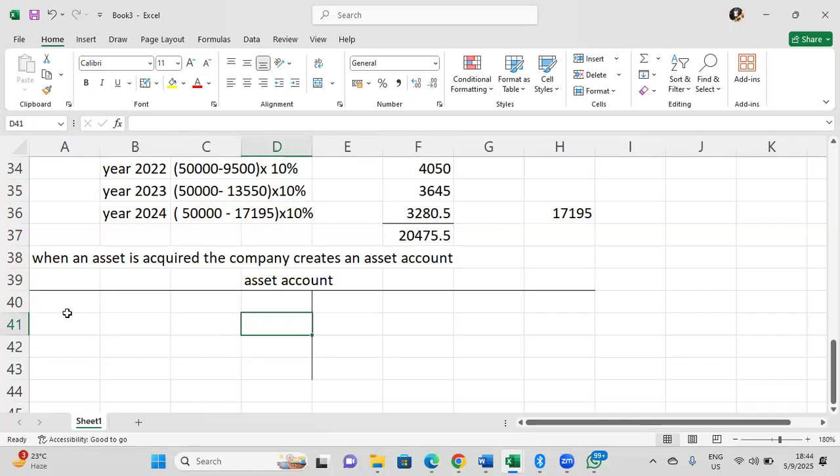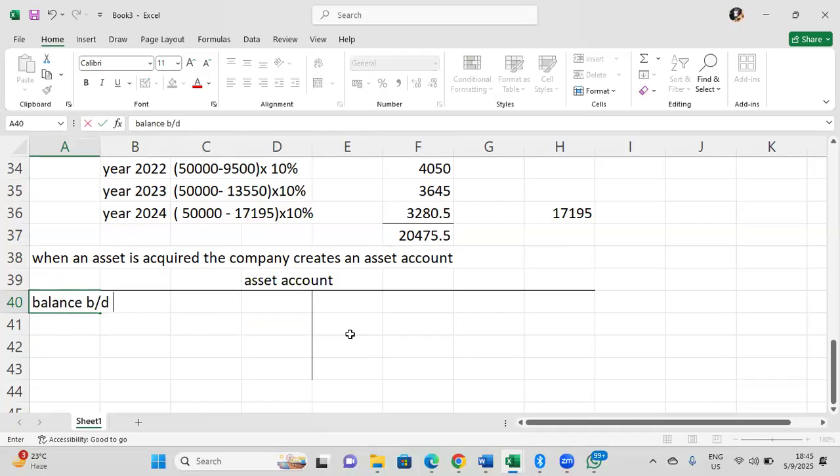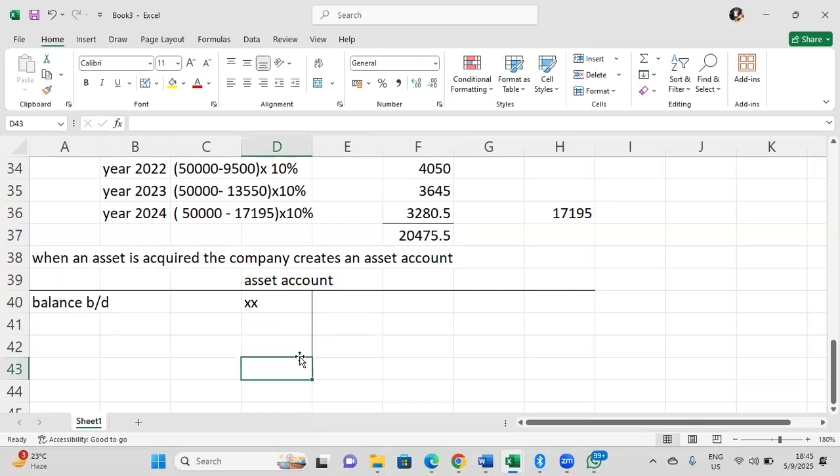So for the asset account, we start with the balance BD. So the balance BD is the opening balance. The balance BD, these are the assets we had at the start of the year.